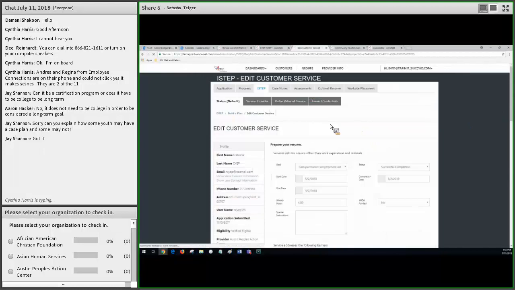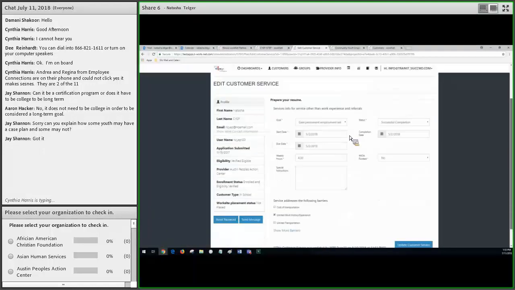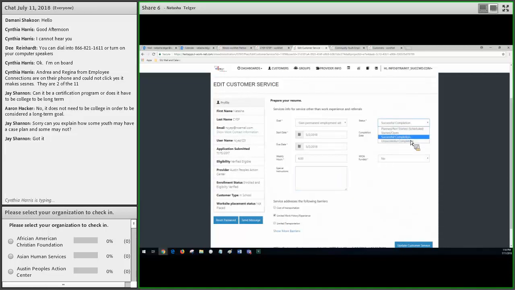When you edit the information, let's go to one of these, pretend that's what it is. Then you're going to associate it with a goal, and then start date, due date, weekly hours, any special instructions that you have for that person, and then whatever their status is, either planned, started, or completed.